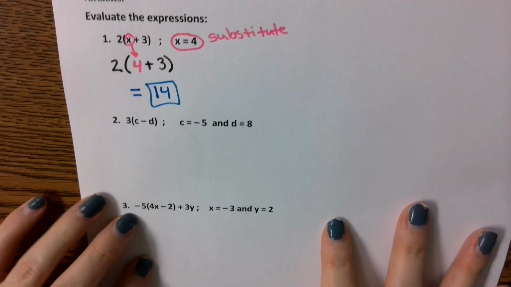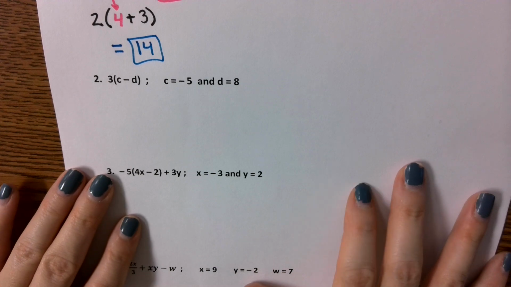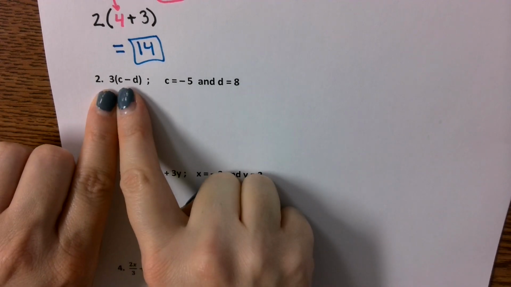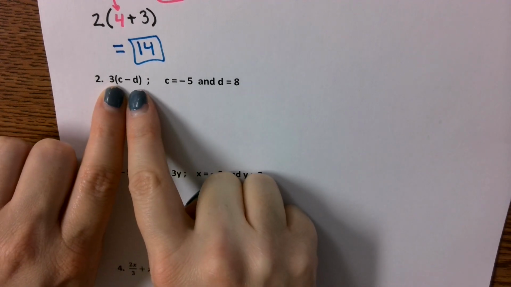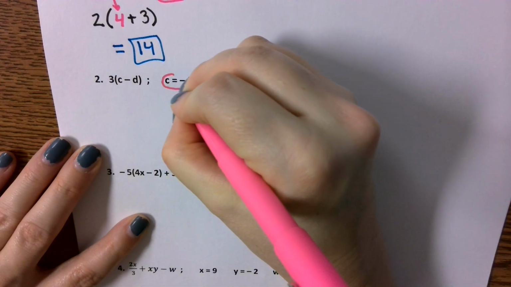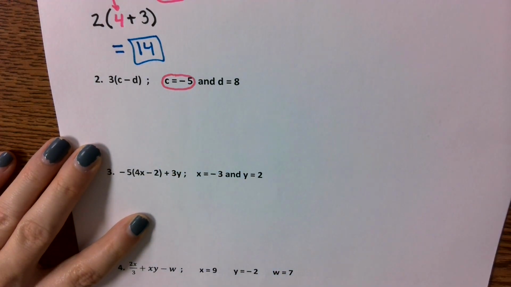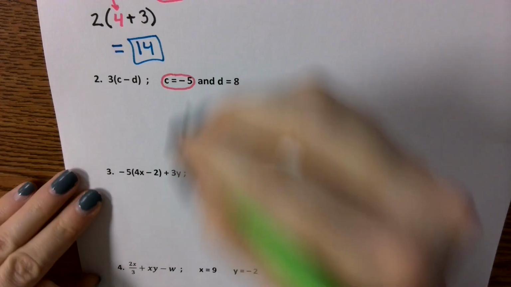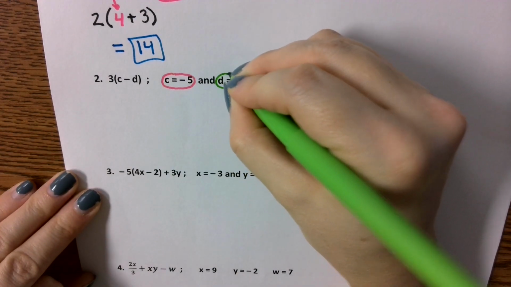Okay, we're going to do number 2 together again. So we've got 3 and then parentheses c minus d. So I'm replacing the c with the negative 5 and I'm replacing the value of d with a positive 8.